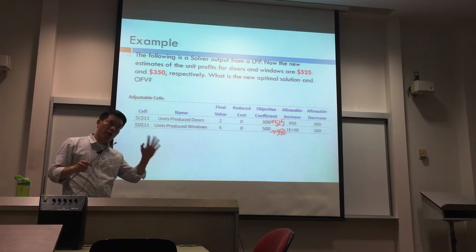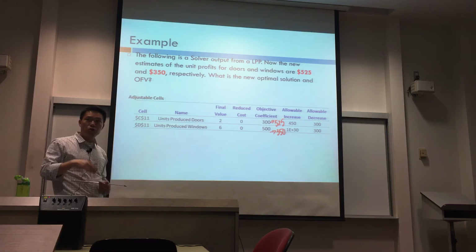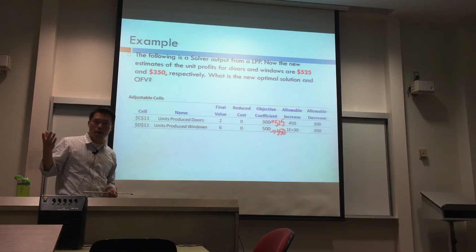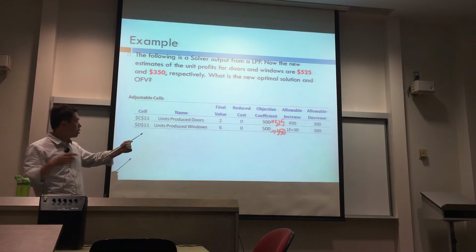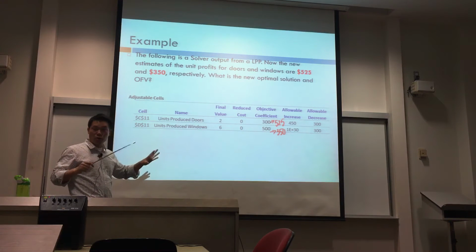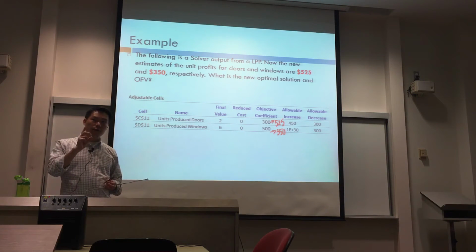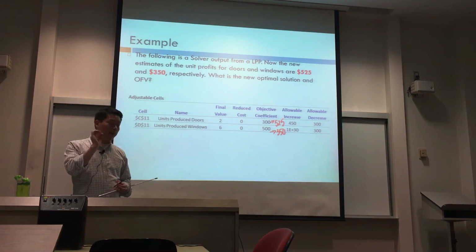So a number of things to check. First of all, you have to check what we are talking about. Are we talking about changes in the objective function coefficient, or are we talking about changes in the constraints? Of course, this is objective function coefficients. Second, you want to check if it's basic variables or not. Both of them are basic.